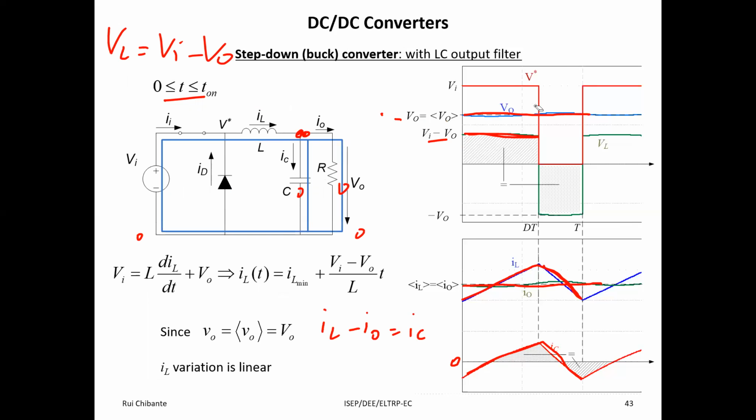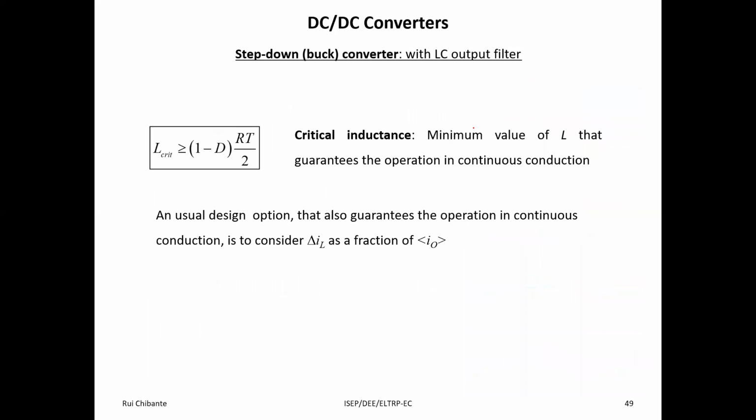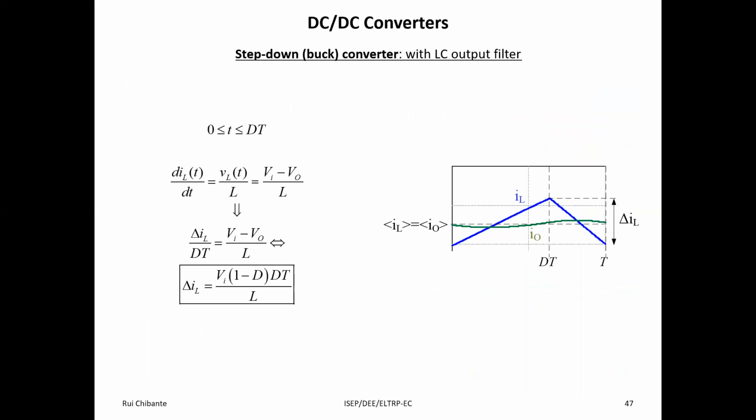We are using this result that I mentioned before, from the first stage of operation. We saw that the inductor voltage is equal to VI minus VO. Starting from that result, in the equation that relates inductor voltage and current, this formula that you know, I put the inductor in the first term.